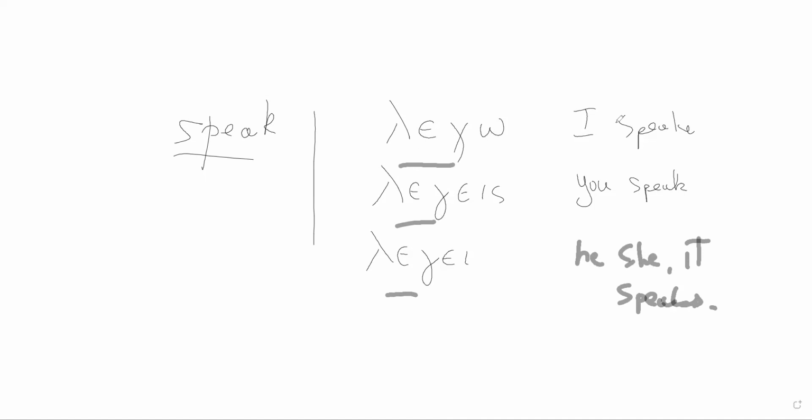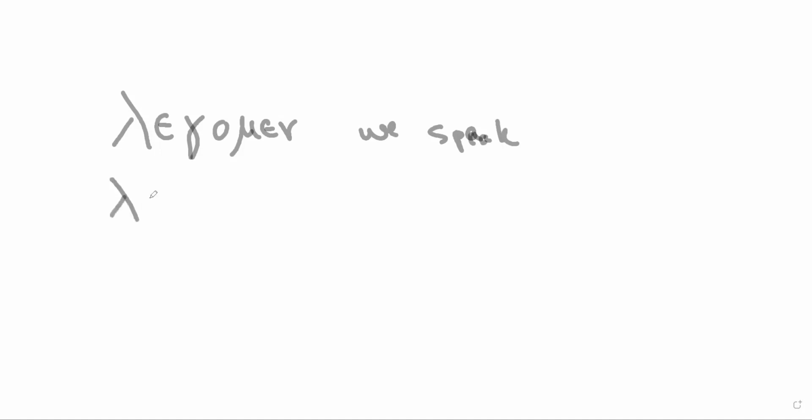And likewise, if you want to do the plural, you would do legomen, and that would be we speak. And then if you want to do you speak, it would be lege, that's the lambda, epsilon, and gamma.